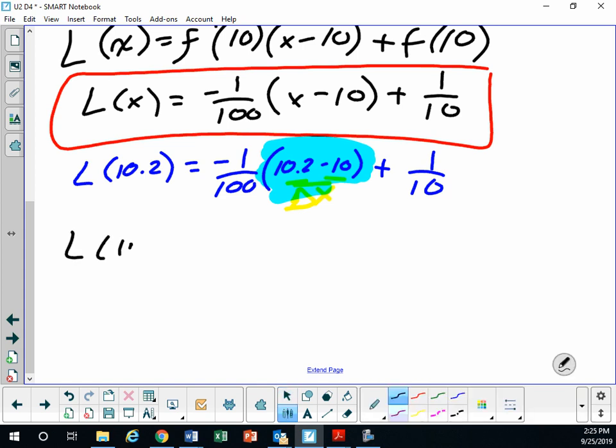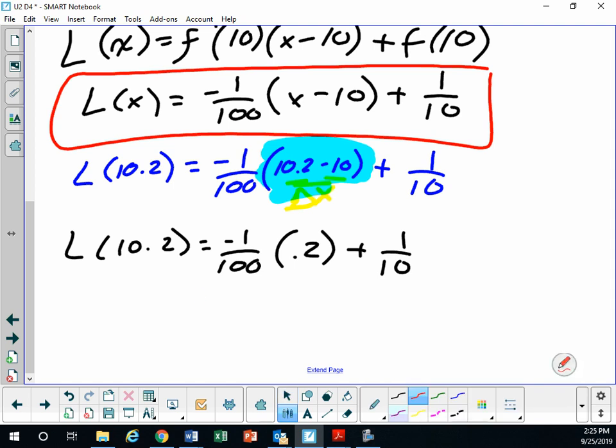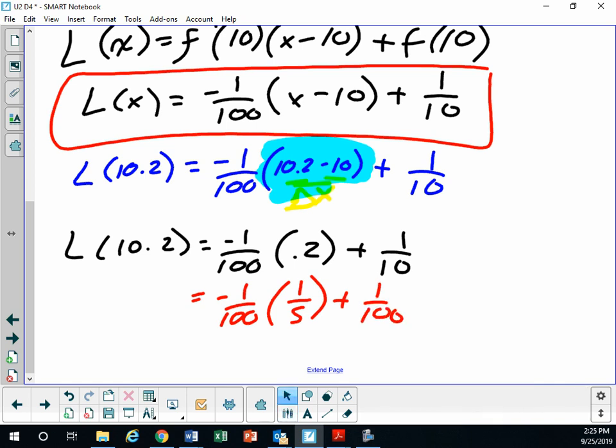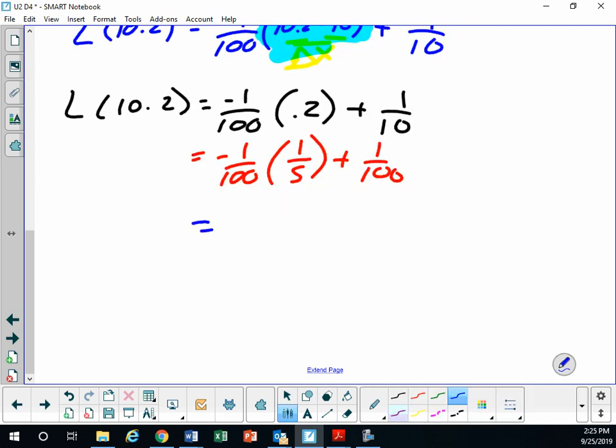So L of 10.2 is going to be negative 1 over 100 times 0.2 plus 1 over 10. Negative 1 over 100, 2/10 is 1/5 plus 1/10. Which makes this negative 1 over 500 plus 1 over 100.